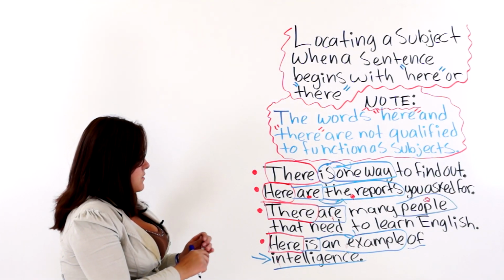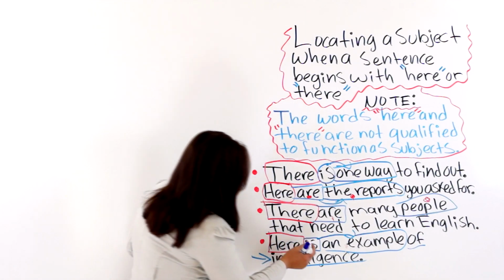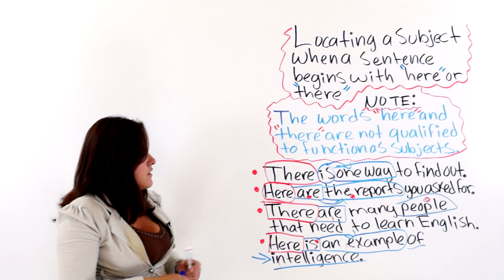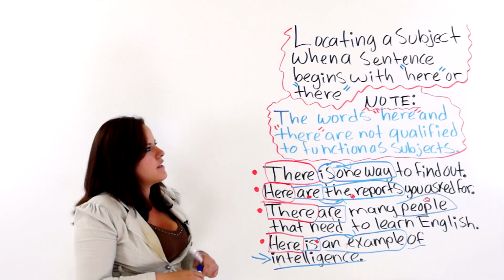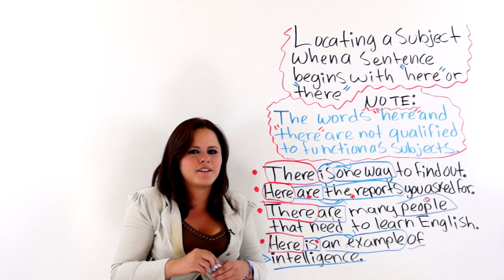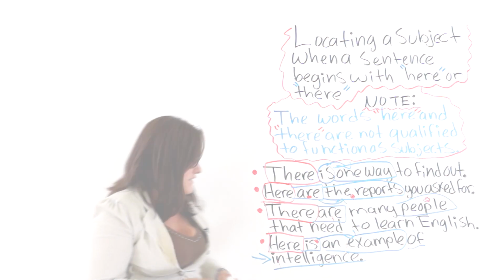Okay? So our subject is an example, and it is singular. Therefore, our verb is singular also. Okay? So this is how you locate a subject in a sentence that begins with here or there. Next, I will give you more practice sentences and examples so that you can keep practicing with me.